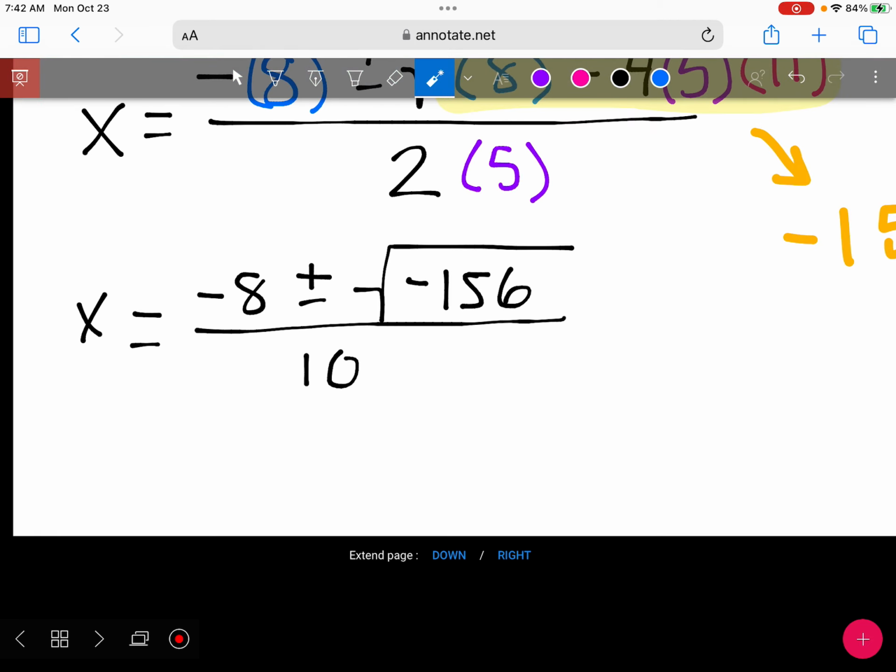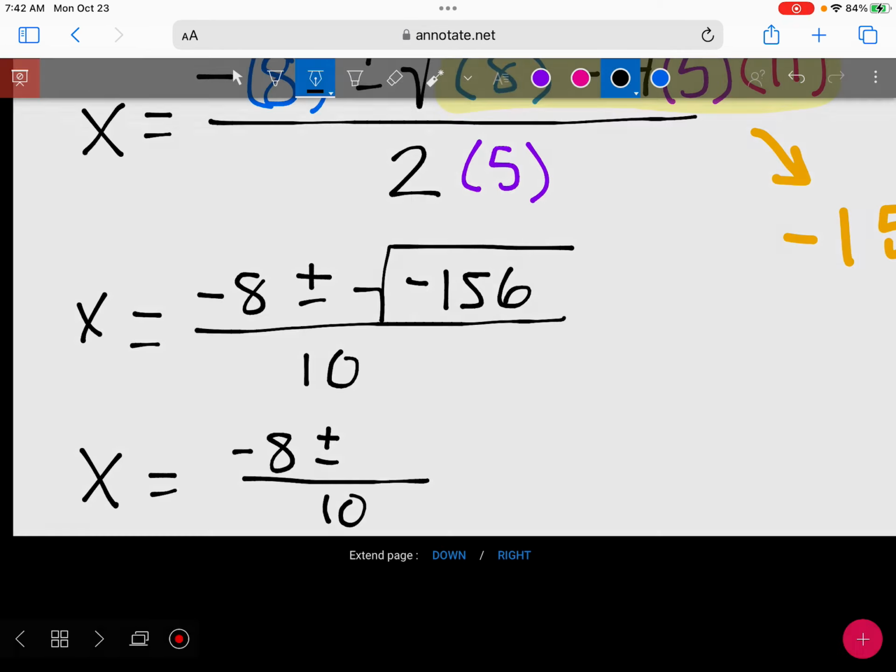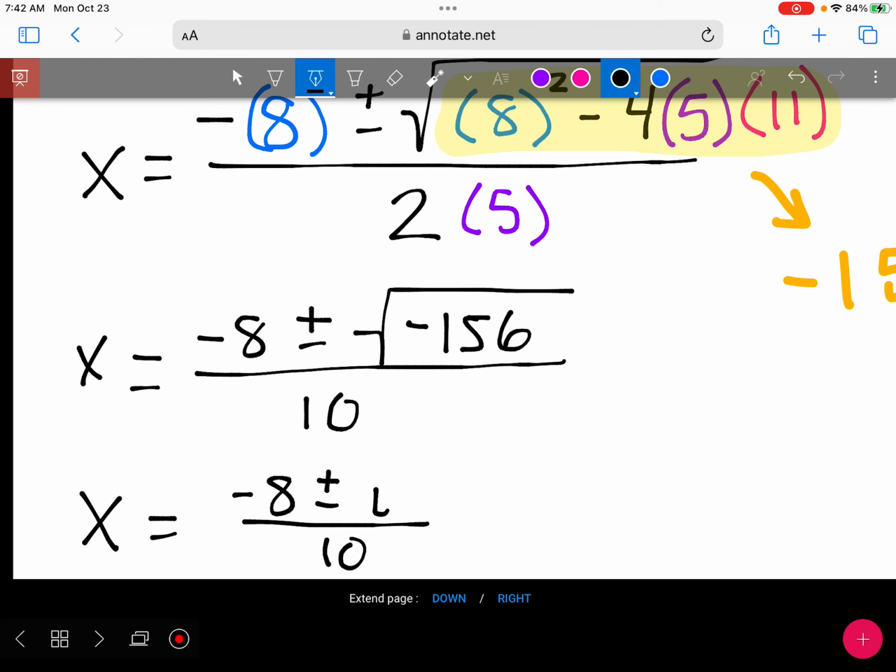So when we're looking to simplify this into our radical form, what we can do is go, all right, the negative 8 and the 10 are hanging out. We're going to have our plus or minus. And to figure out what the square root of negative 156 is, I know it's going to give us an i. So we're going to have our i.